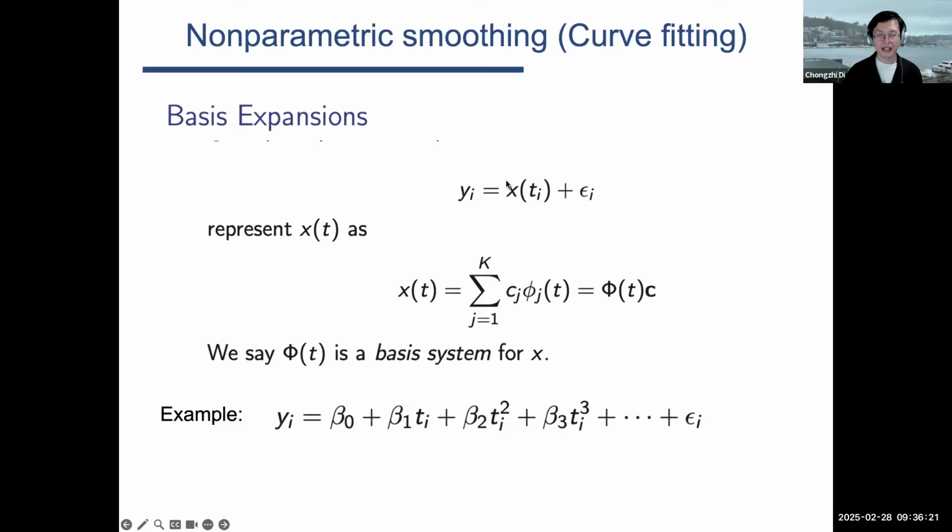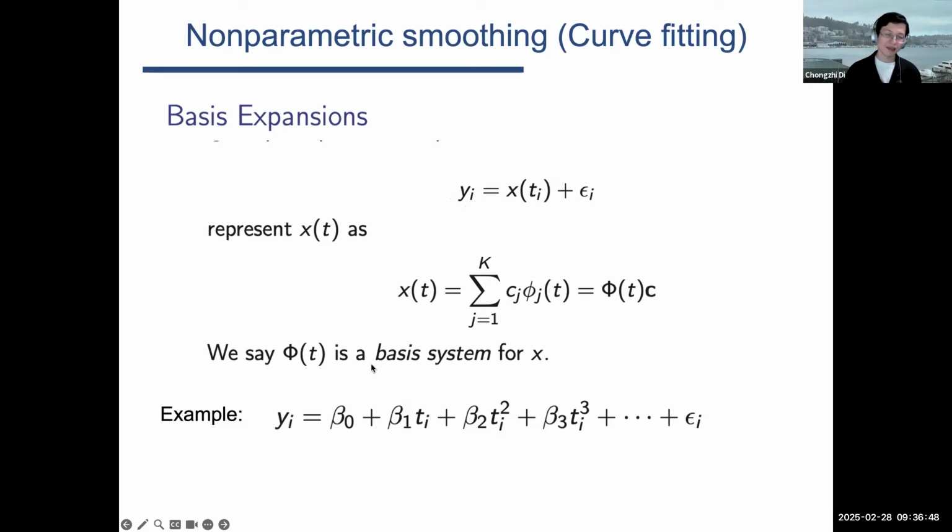The signal is an underlying smooth function, x evaluated at time t_i, but then there's also a noise, epsilon_i, on it. What we actually observe is y_i, but we want to use some methods to estimate this smooth process x. So we try to use a set of basis functions to represent it.